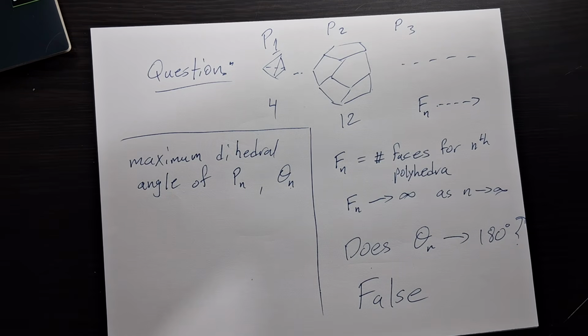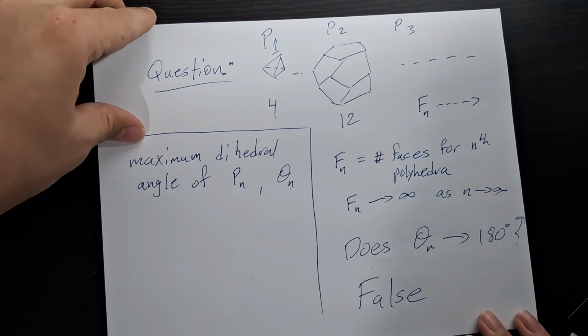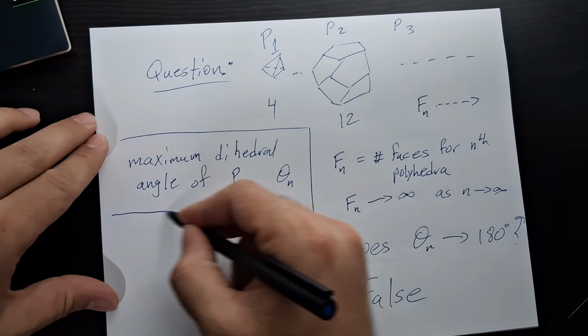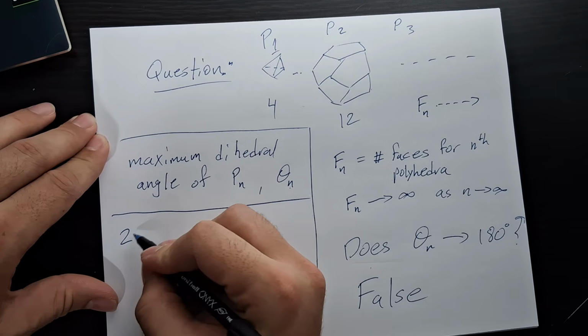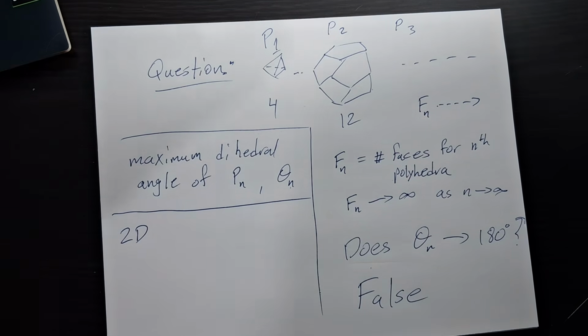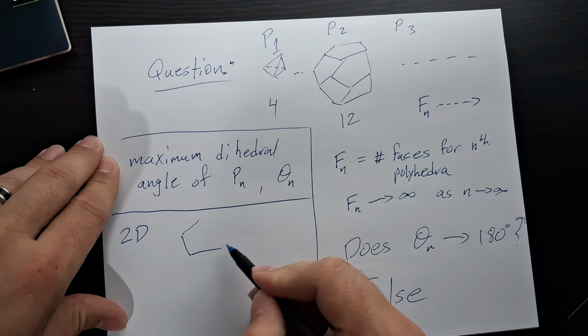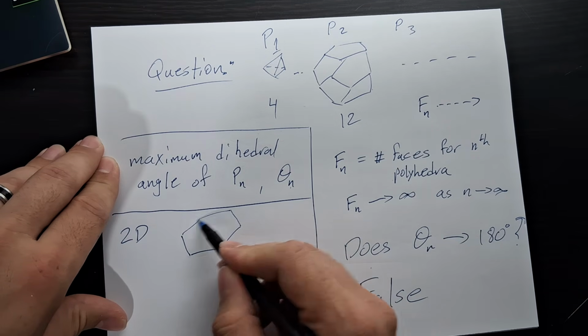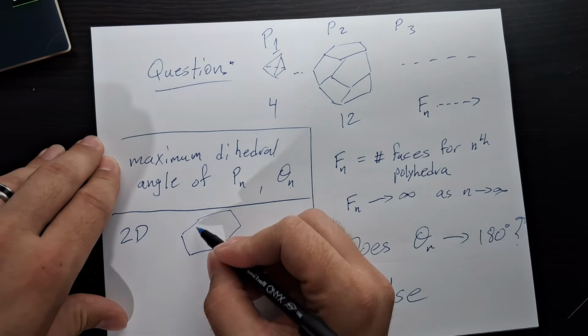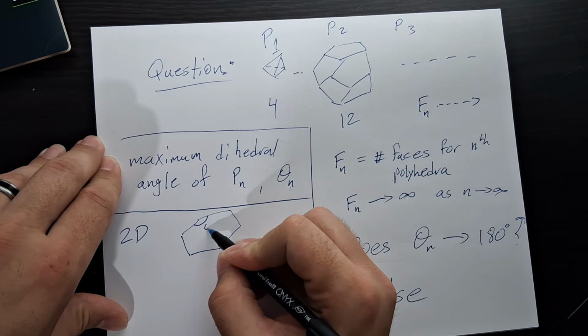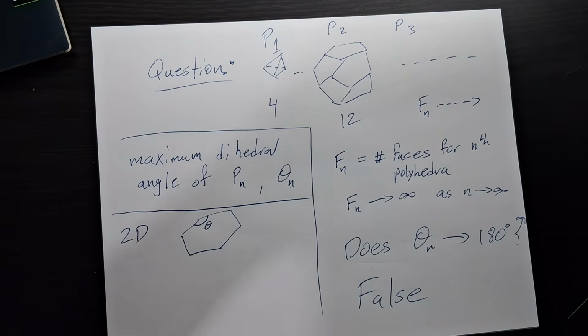So why is this surprising? Let me go to 2D. Let's take this question and go to 2D. If you write down a polygon, doesn't matter what the polygon looks like, this would be the maximum dihedral angle inside the polygon.